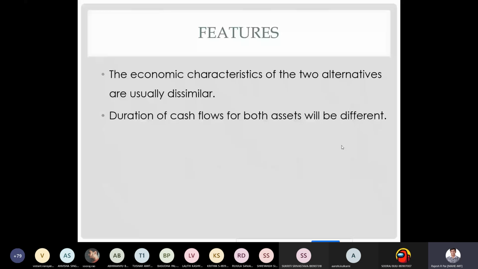Whereas for the newer machine, they might tell you that the service life is another 7 years or 8 years. So we have 4 years for the older machine and 7 years for the newer one. In that case, the cash flow or the service life would be different.